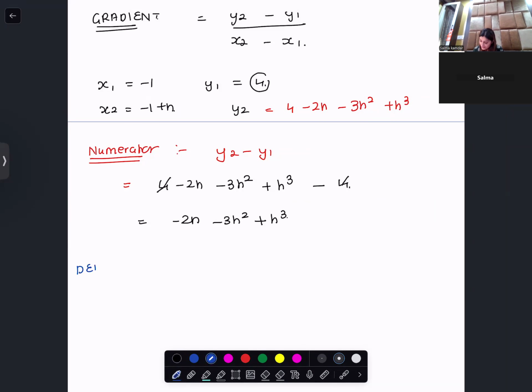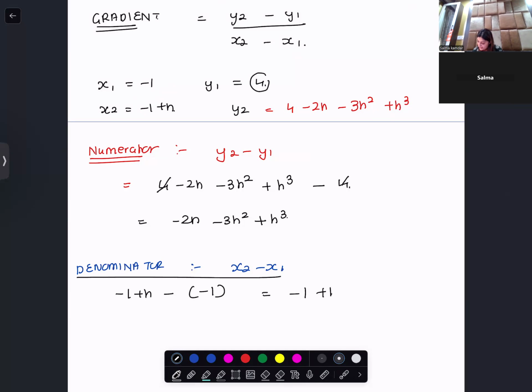Let's take the denominator. It is x2 minus x1, so minus 1 plus h minus x1, which is minus 1 plus h plus 1.